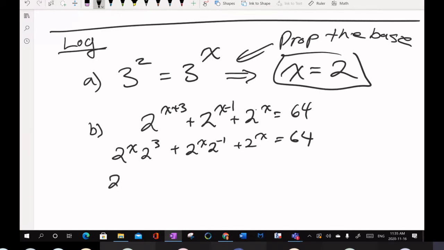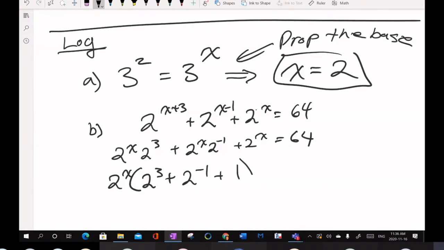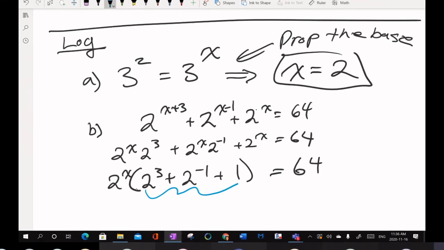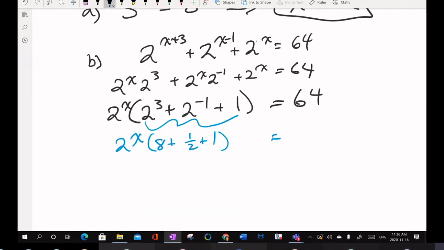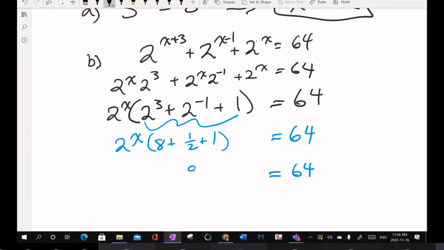So what you end up doing is your common factoring. So you've got 2 cubed plus 2 to the negative 1 plus 1, all times 2 to the x, is equal to 64. The next thing you have to do is punch that into your calculator. So you've got 8 plus 1/2 plus 1, which is 9.5, times 2 to the x, equal to 64.